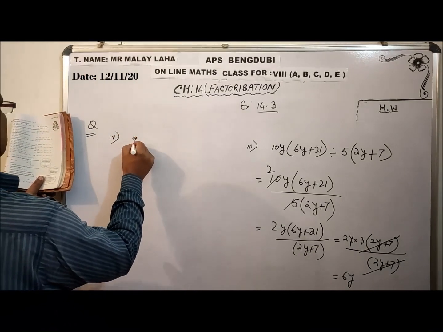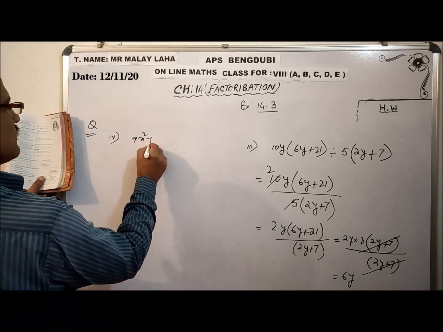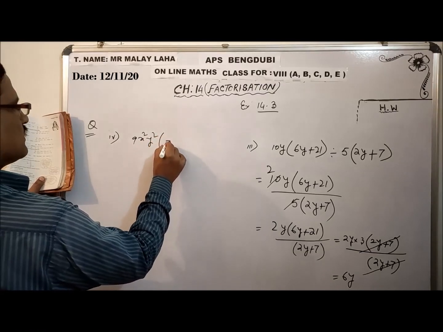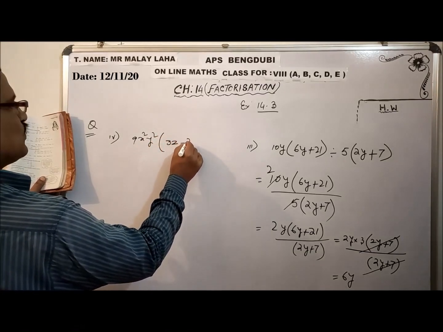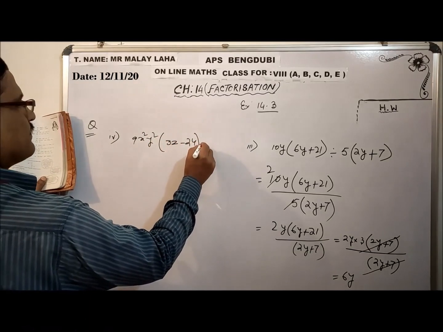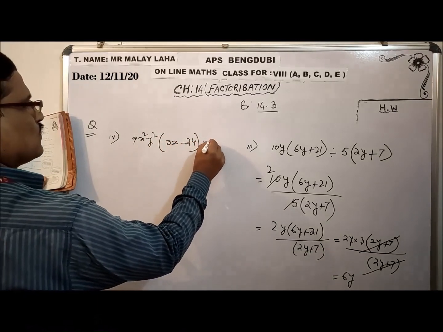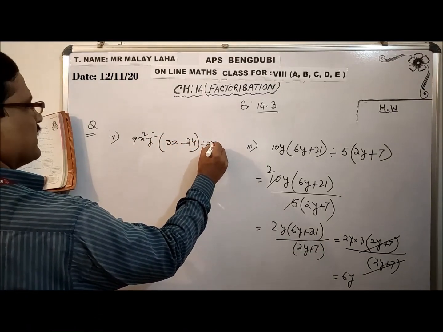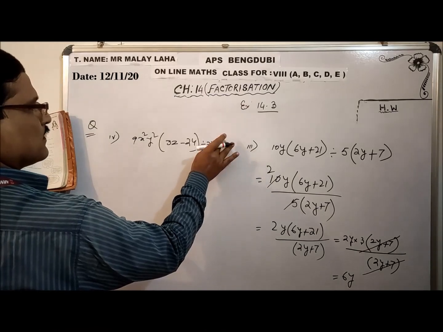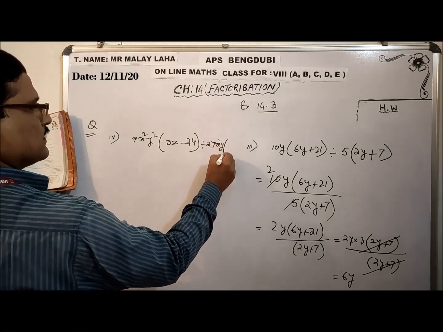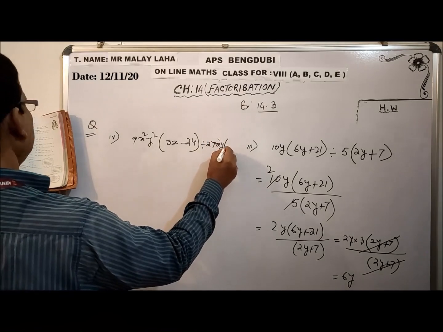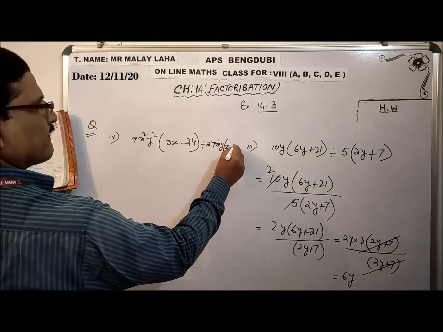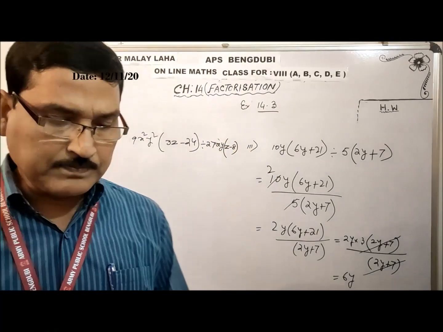9x square y square (3z minus 24) divided by 27xy (z minus 8). Very simple.